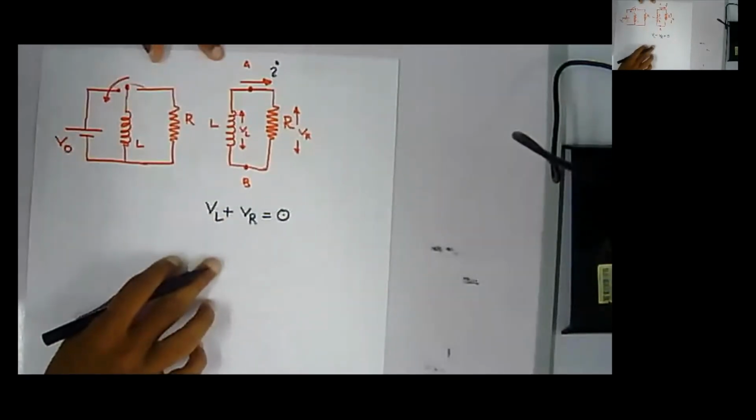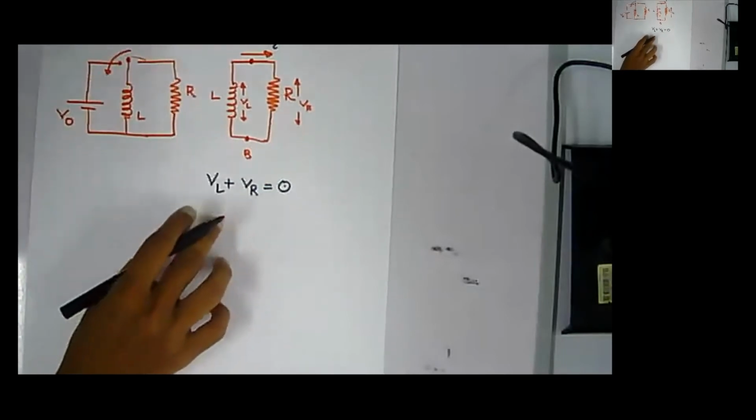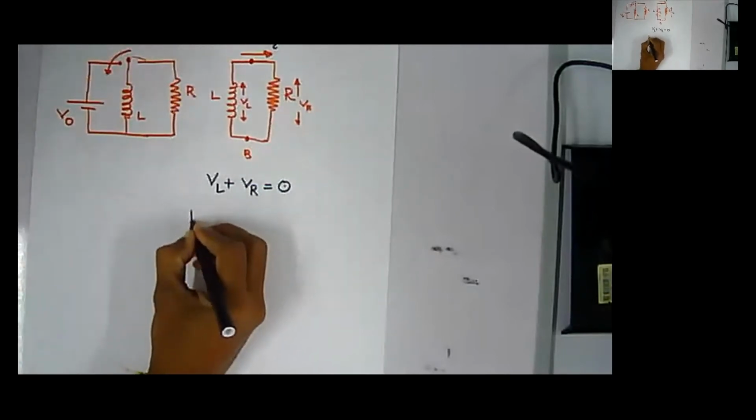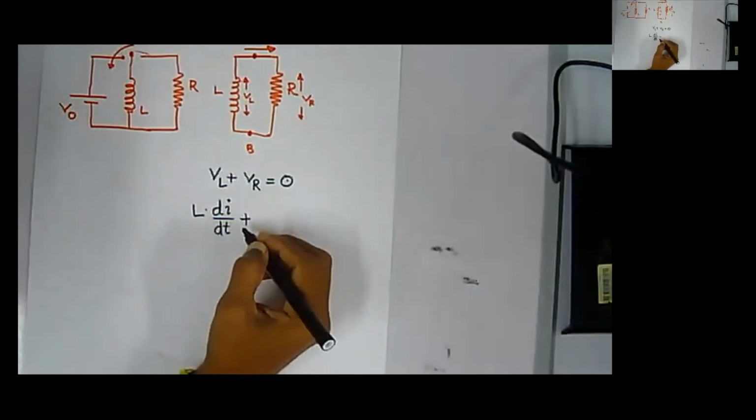If the current is I, we know VL is L into di by dt, as we saw in our very first class, and VR is R into I, so L di by dt plus R I equals 0.